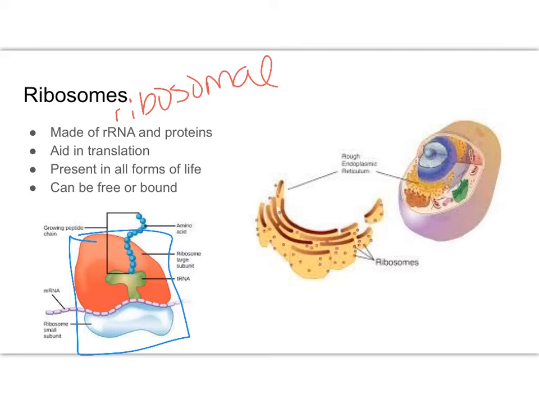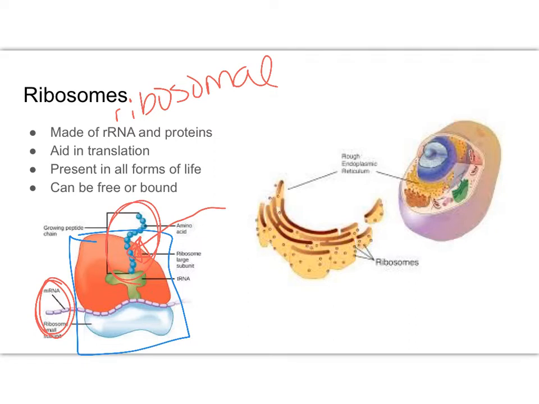Ribosomes are important for protein synthesis, in particular the translation part of protein synthesis. You can see right here how the polypeptide chain is being elongated, because the ribosome is adding amino acids. Remember, it uses the messenger RNA to help actually produce the final polypeptide chain. So it's helping with the translation part of protein synthesis.